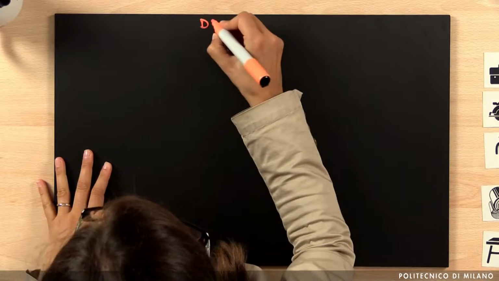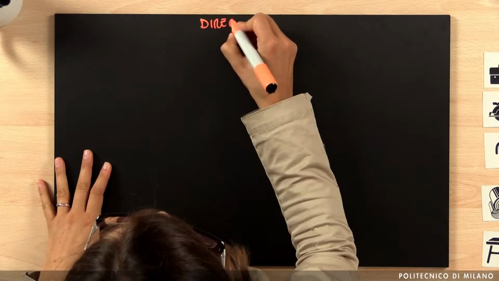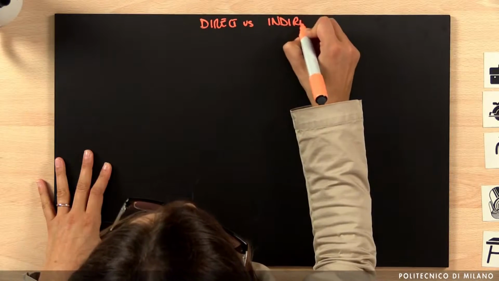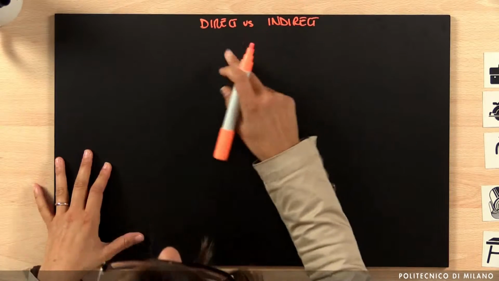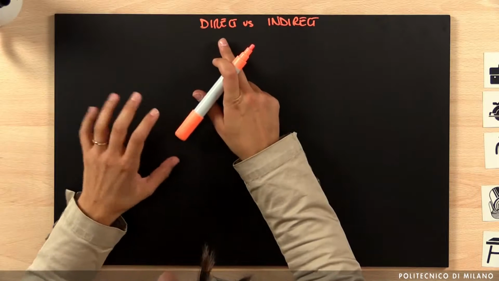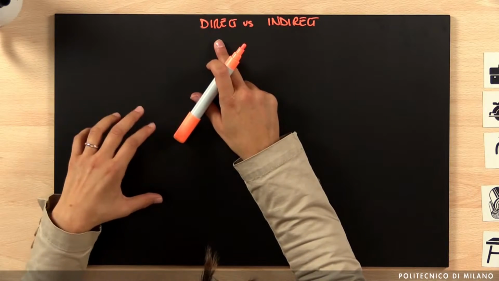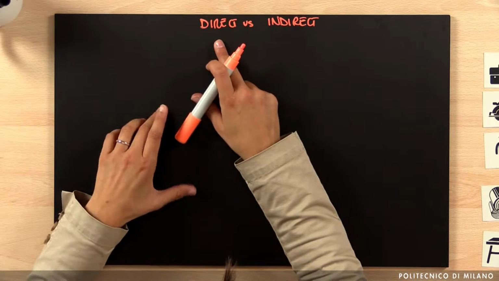So let's start from the distinction between direct and indirect cost. So we have the direct versus the indirect. A cost can be defined as direct if this resource can be univocally and exclusively assigned to one unit of our cost object.